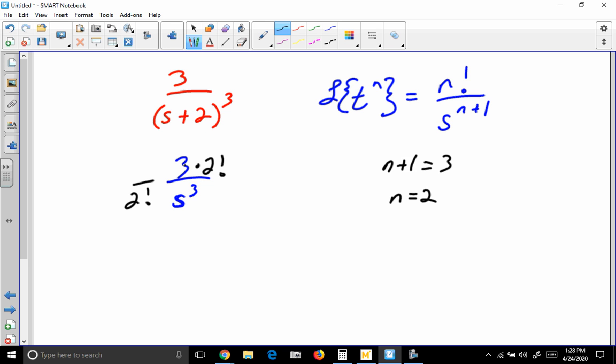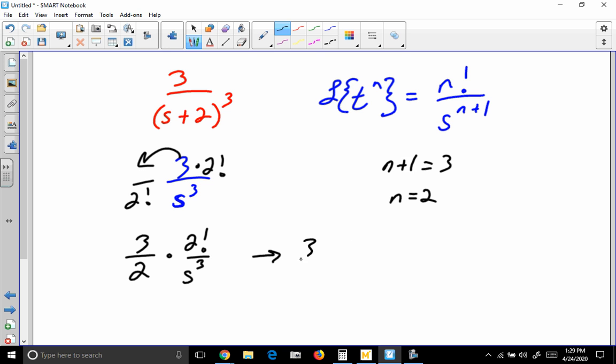So we don't need this 3, so it would come out front. So just doing this one, we would have 3 over 2 factorial, which is just 2, times 2 factorial over s cubed. So 2 factorial s to the third.